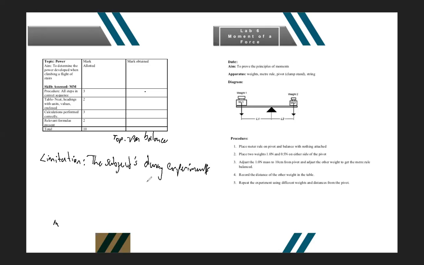What about the subject's health? Like if the person has a foot injury, sir. All right, so the subject's health during the experiment, for example, an injury could affect the results.